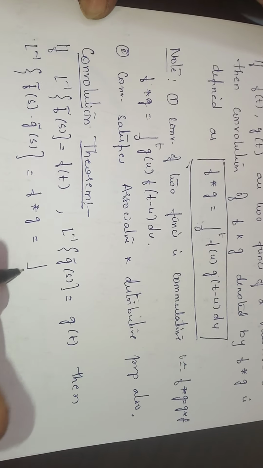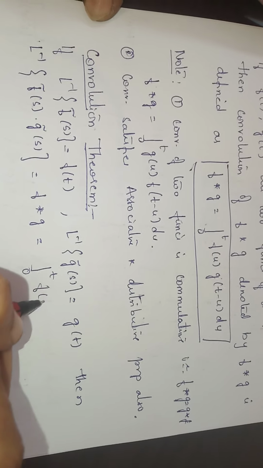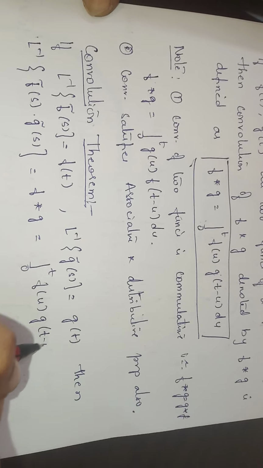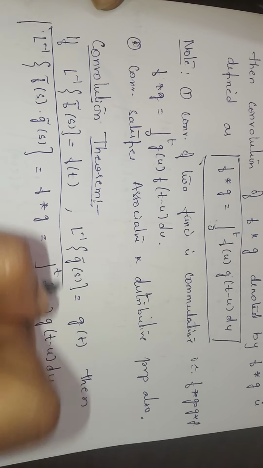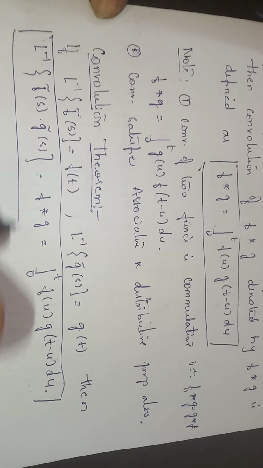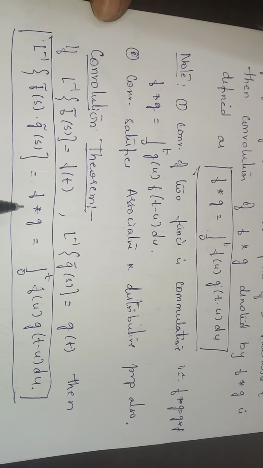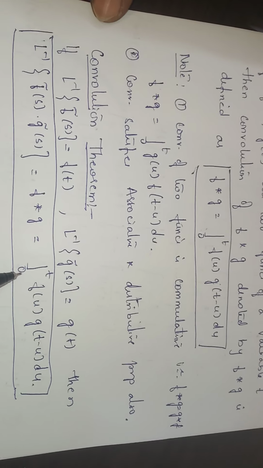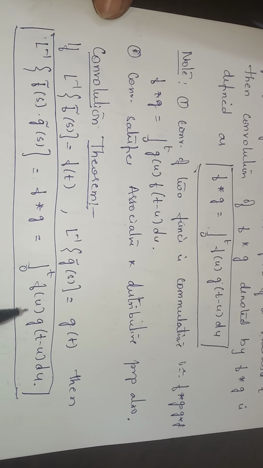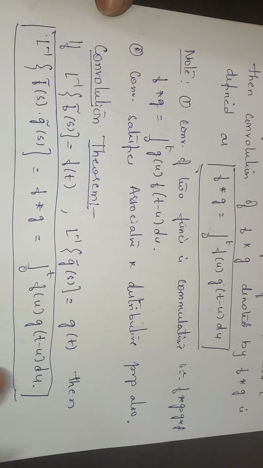That is, integral 0 to t f of u g of t minus u du. Very important: the Laplace inverse of a product of two functions is always equal to their convolution, and the convolution is given by the integral 0 to t f of u g of t minus u du.